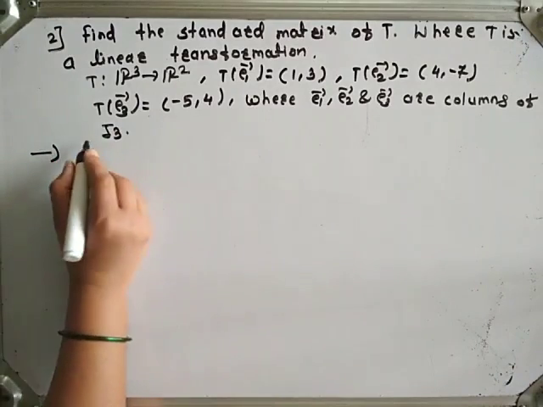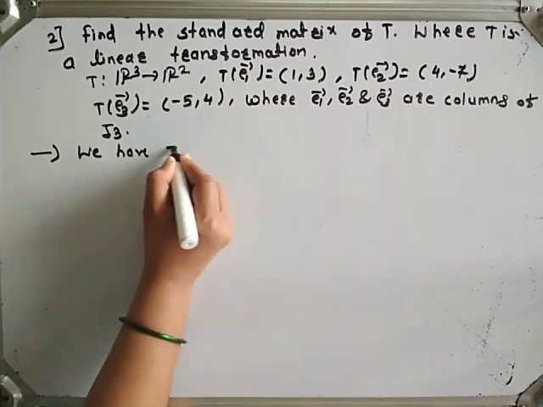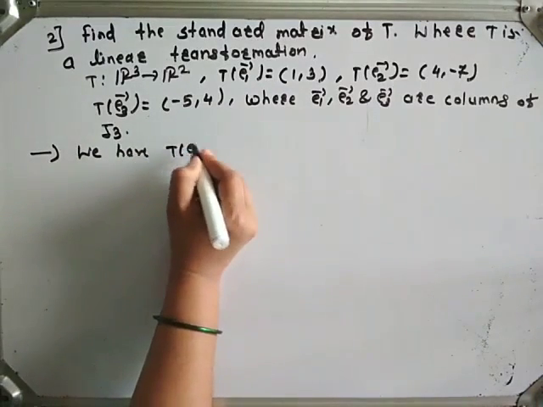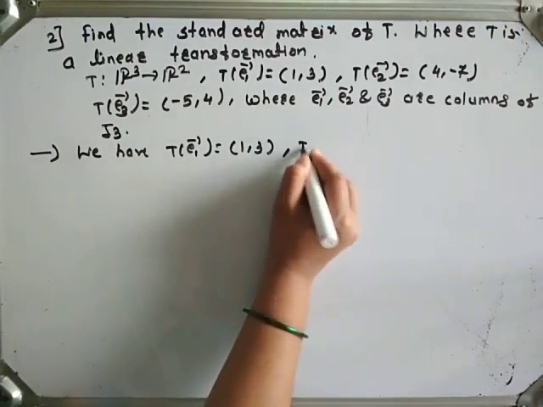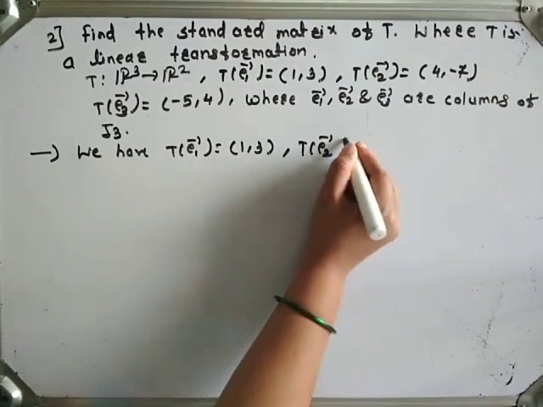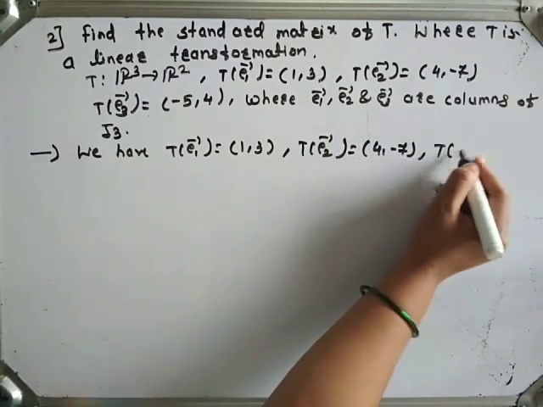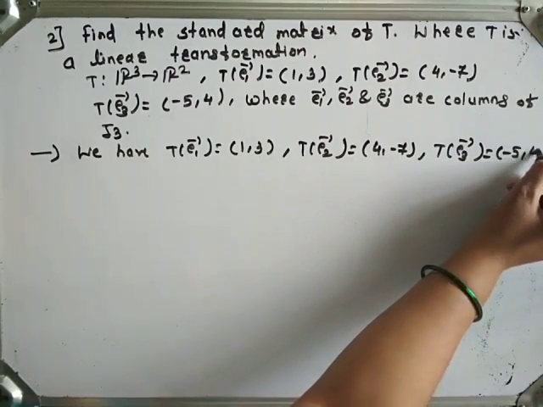Solution. Here we have T of E1 bar equal to vector 1 comma 3, T of E2 bar equal to vector 4 comma minus 7, and T of E3 bar equal to vector minus 5 comma 4.